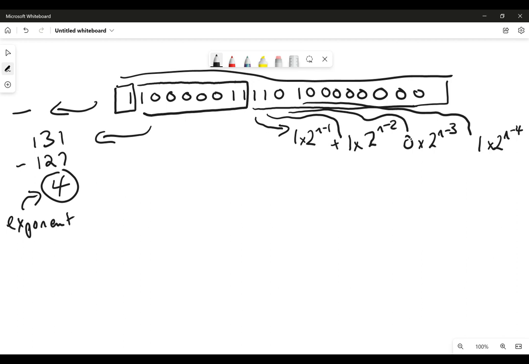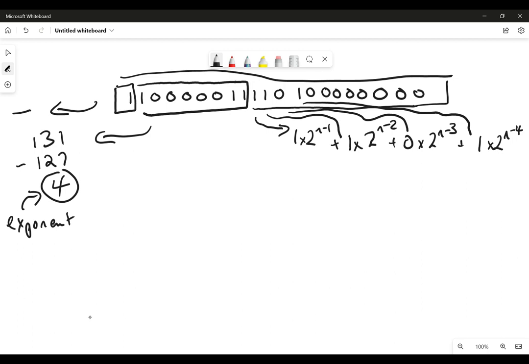So I'm going to add these together. So this is where I'm going to need a calculator. So let's just bring one up. Okay, so it's not easy on a Windows calculator. Hopefully you've got your own calculator.